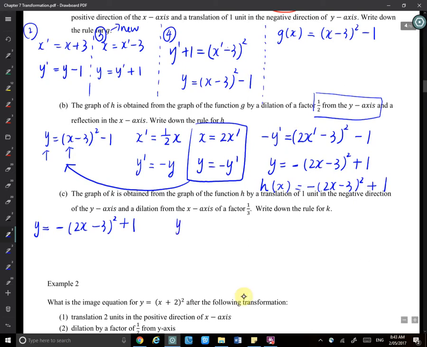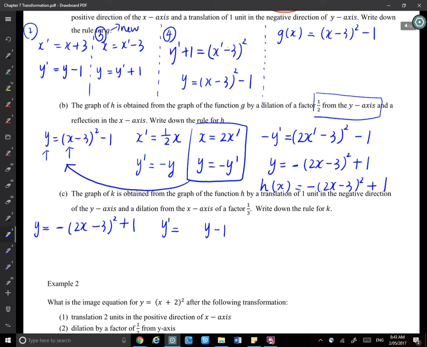So y dash will be the old y subtract 1. Move down, and then a dilation from the x-axis. Now let's write a little bigger. So y dash equals y subtract 1. Dilation from the x-axis by a factor of 3.